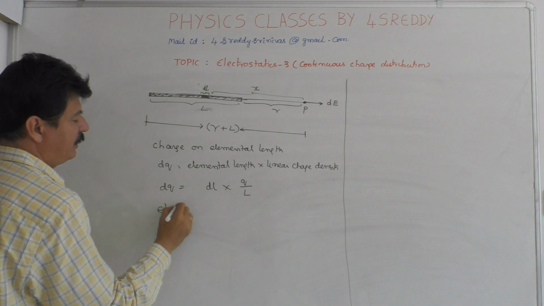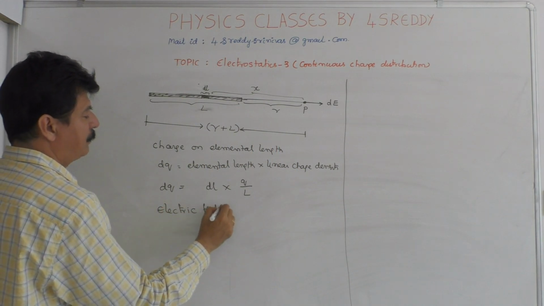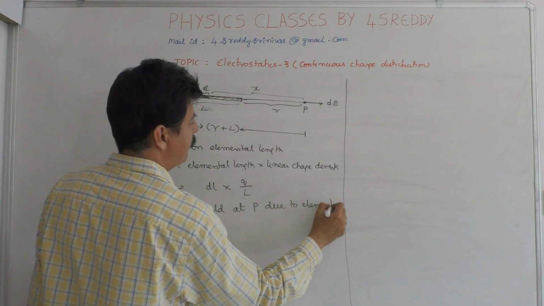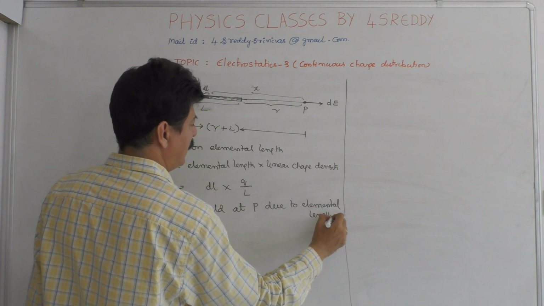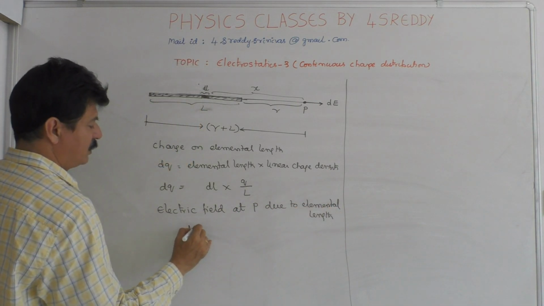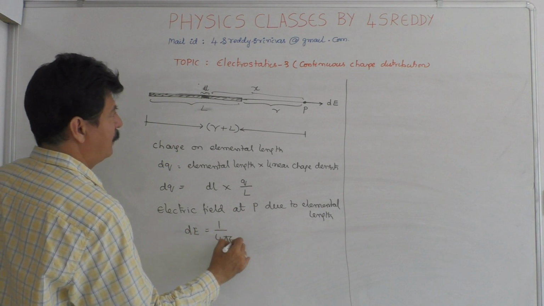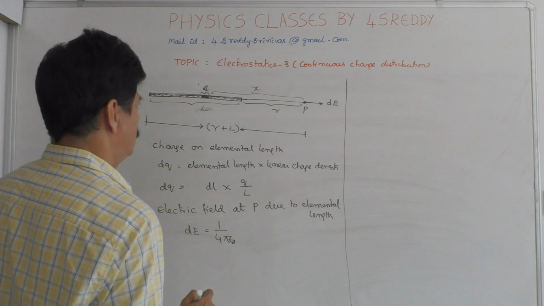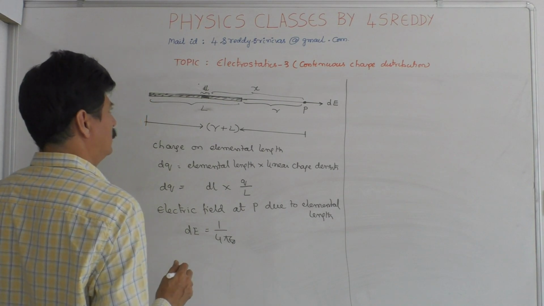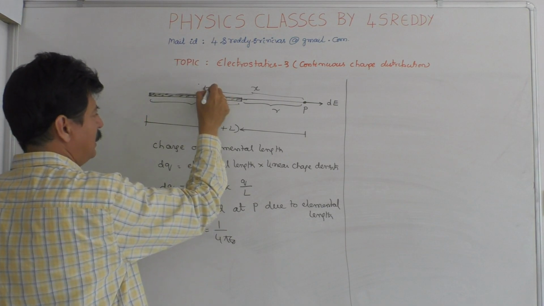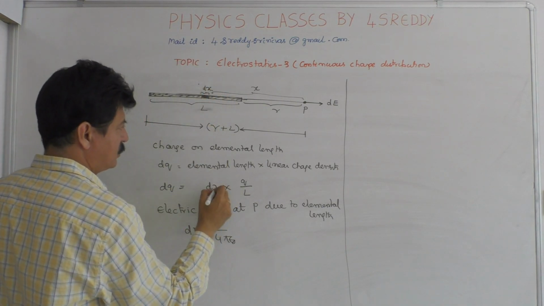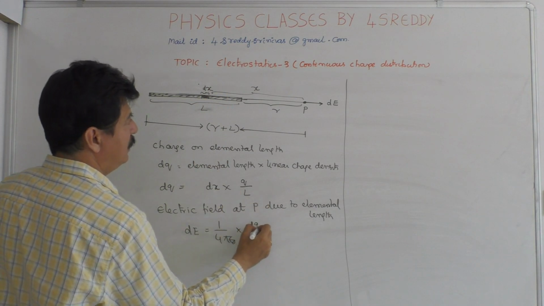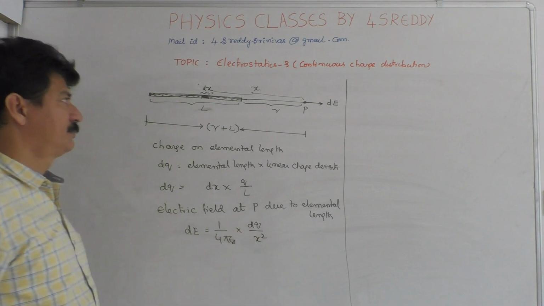Therefore, the electric field at P due to the elemental length: dE equals 1 by 4 pi epsilon naught into dq by x squared.